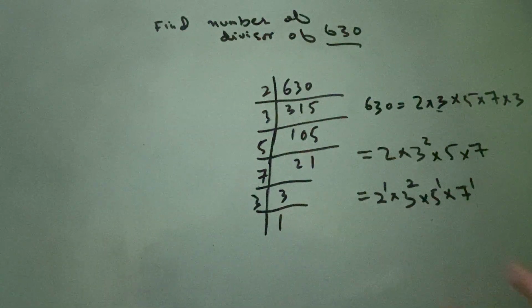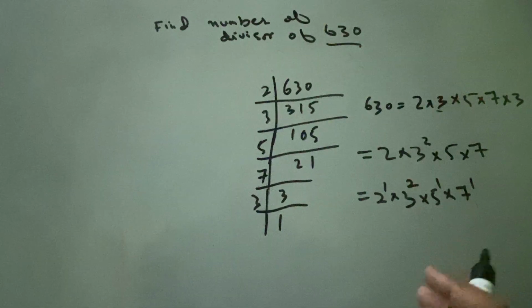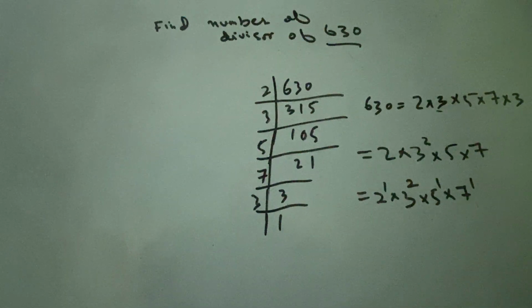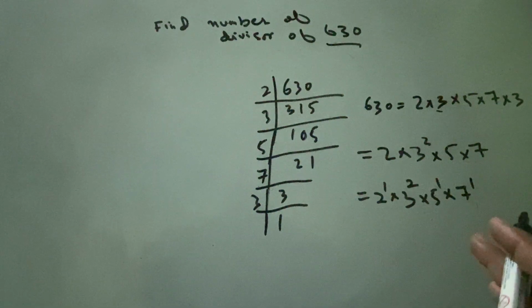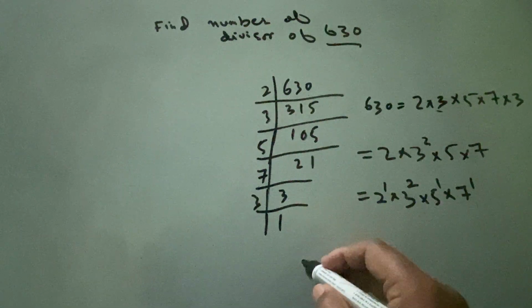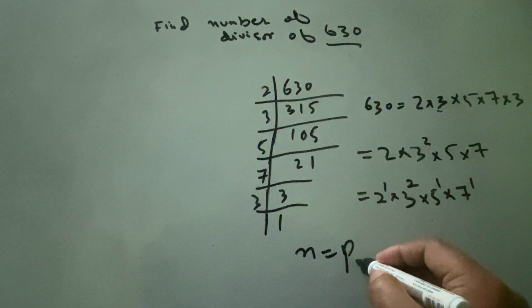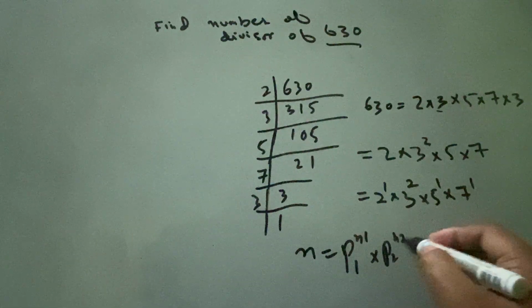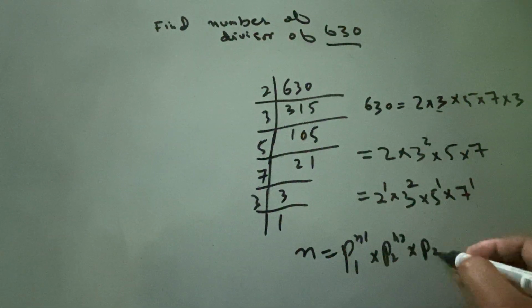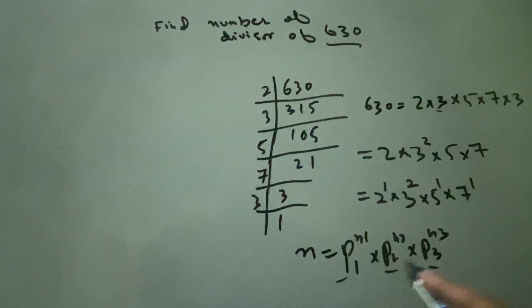Now for finding the number of divisors of 630, we use a function called the tau function, which helps us find the number of divisors of any number. The tau function says that if n is equal to p1 power n1 times p2 power n2 times p3 power n3, here p1, p2 and p3 are prime numbers.